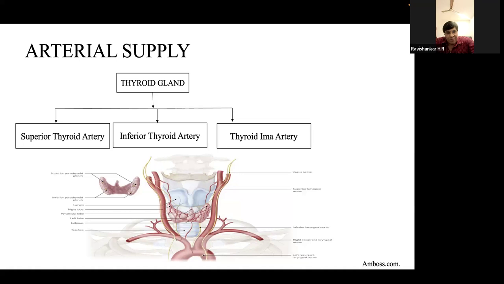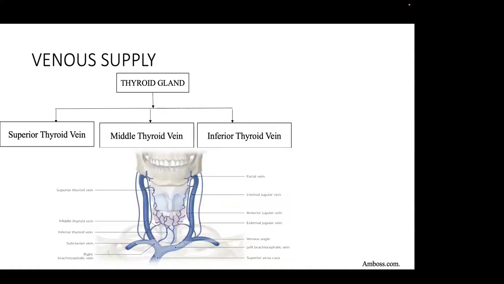Okay, continue. So going ahead to the venous supply, again, it includes the superior thyroid, middle thyroid, and inferior thyroid vein, where the superior thyroid and the middle thyroid are draining into the internal jugular vein, and the inferior thyroid vein will drain into the brachiocephalic veins.